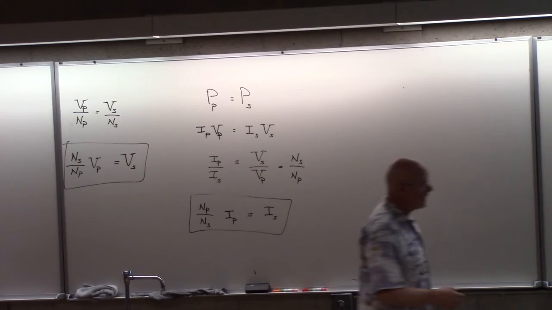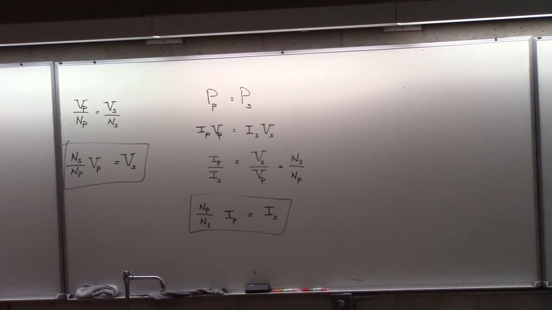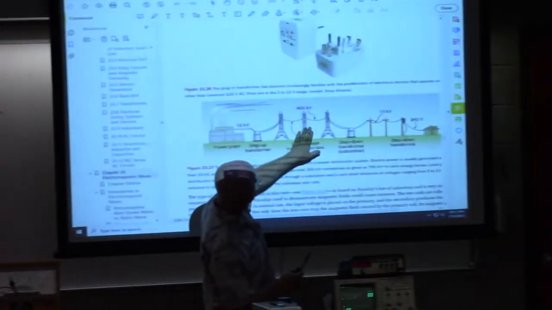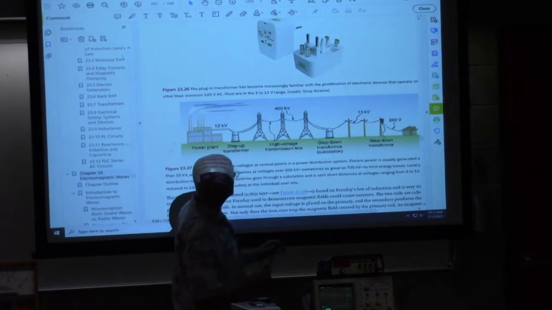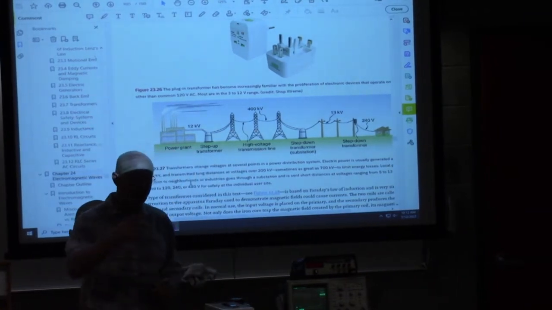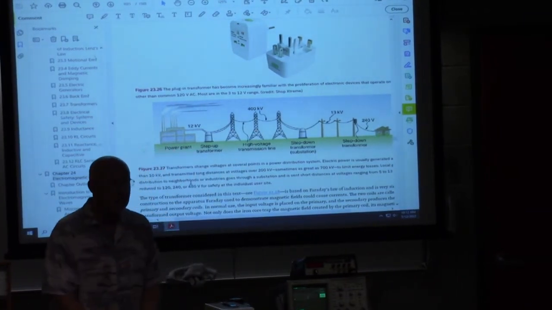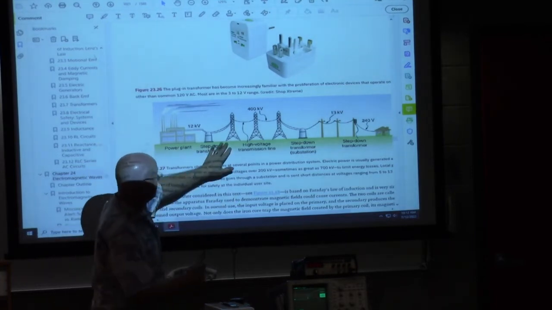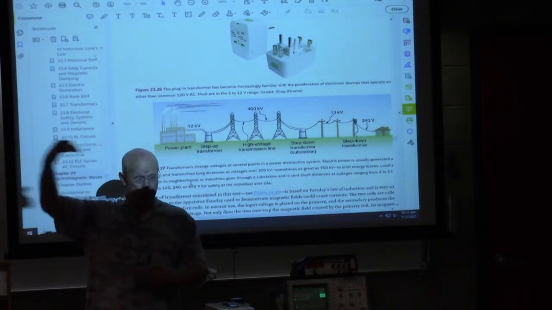And that's really the whole purpose of stepping up the voltage, so that you can have a lot of voltage but very little current. Because these wires might be spreading out from Hoover Dam over to Santa Barbara.